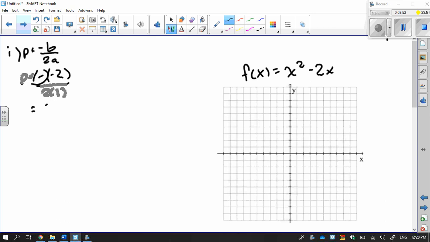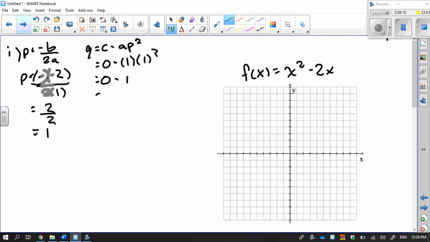If we plug this into q, is equal to c minus a p squared. C is 0, a is 1, p is also 1, squared, is equal to 0 minus 1 is equal to negative 1. So we have vertex at 1, comma, negative 1.